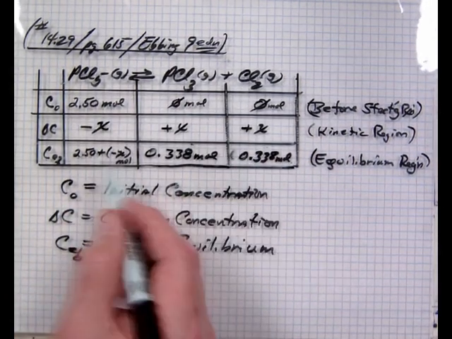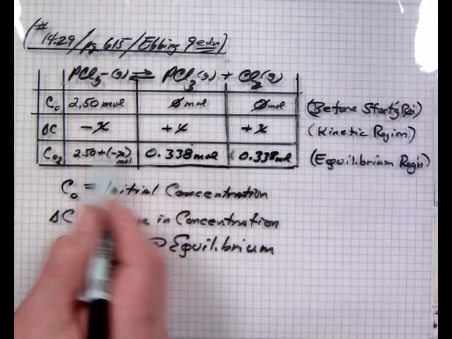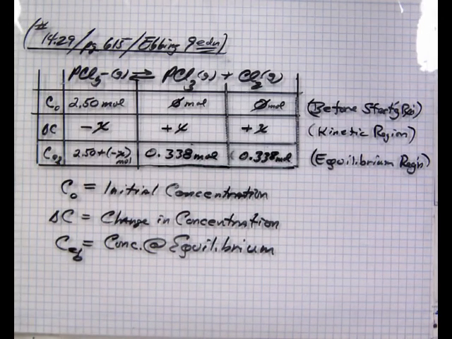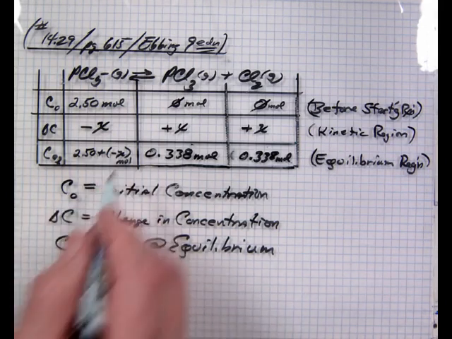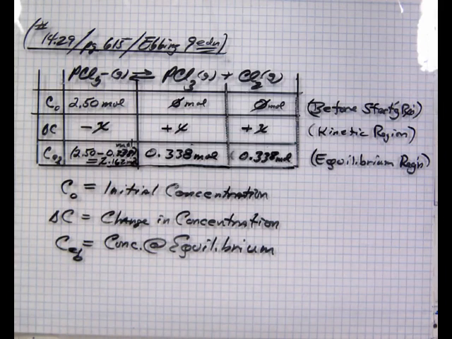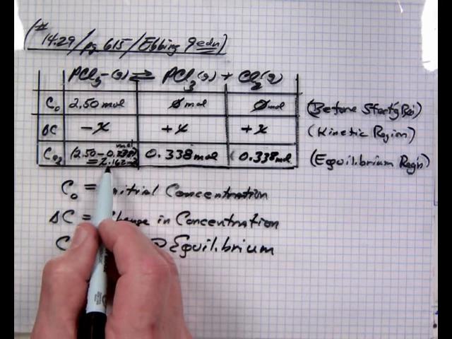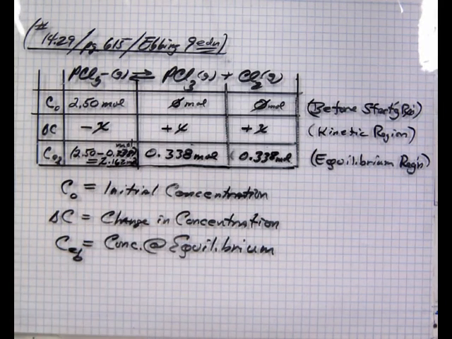With this information, knowing that x is that, how do we get the equilibrium amount of PCl5? Subtract it, right? Okay. So this would be 2.162 mole. And these two are specified at equilibrium.